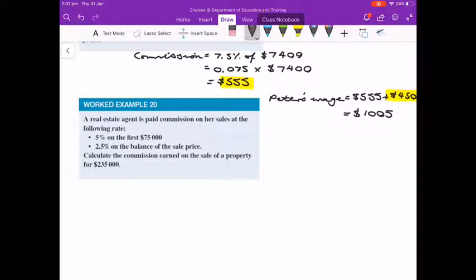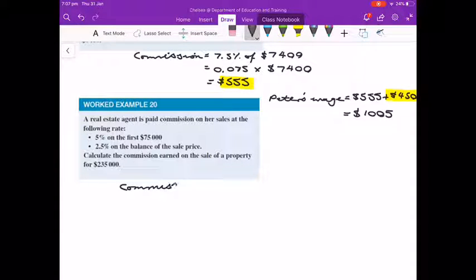A real estate agent is paid commission on her sales at the following rate: 5% on the first $75,000, 2.5% on the balance of the sale price, and we need to calculate the commission on a property of $235,000.